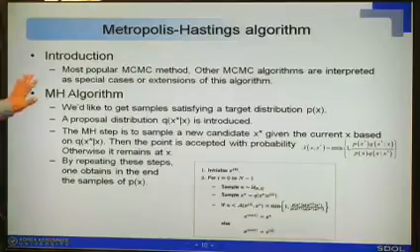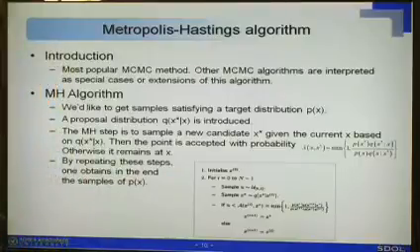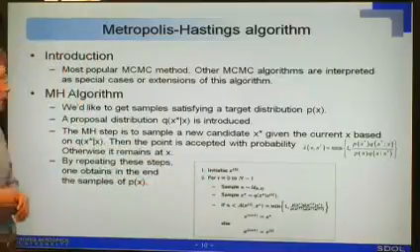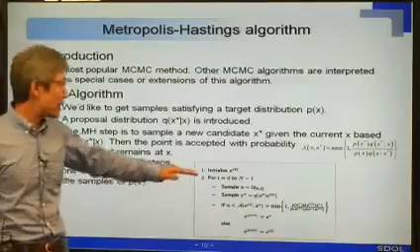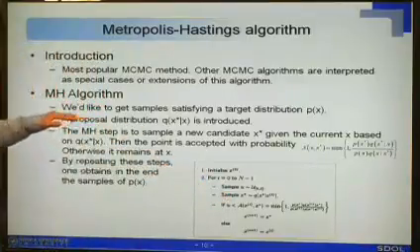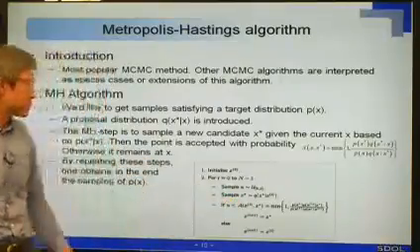And this process is also explained in this box. We start at a certain arbitrary single point, here x0. And then we sample a new x using the proposal distribution, here x star.